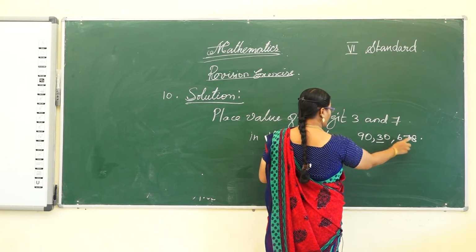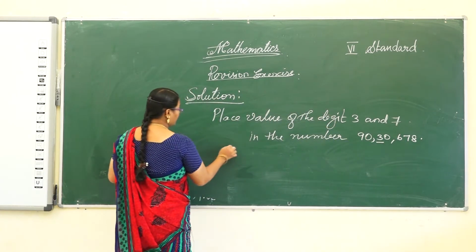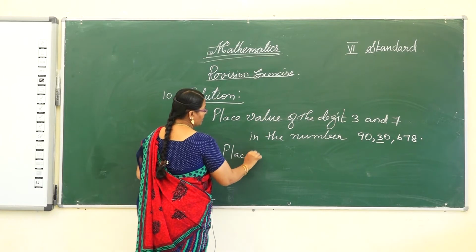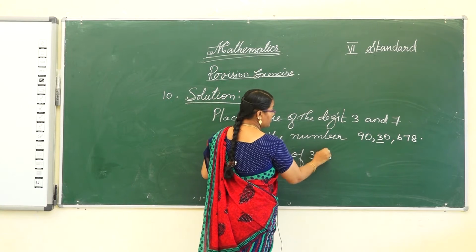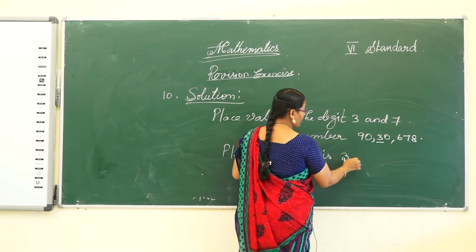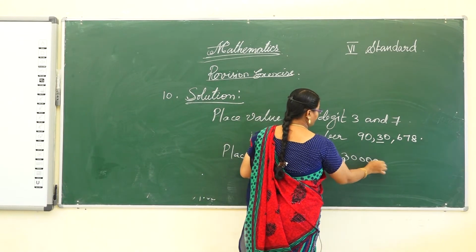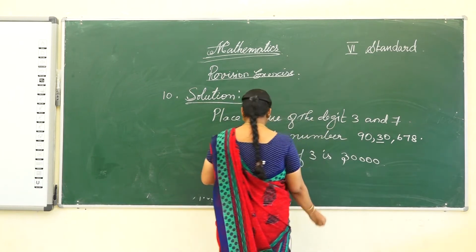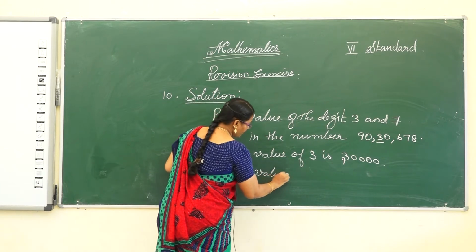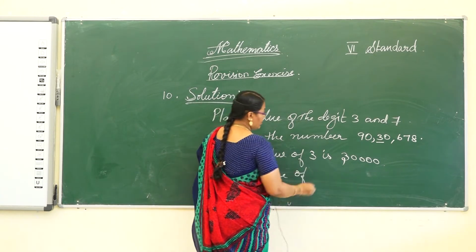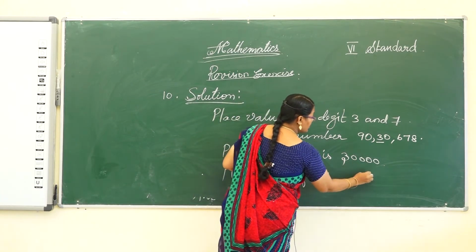So find the sum of the place values of 3 and 7. What is the place value of 3? The place value of 3 is 30,000. And next, the place value of 7 is 70.